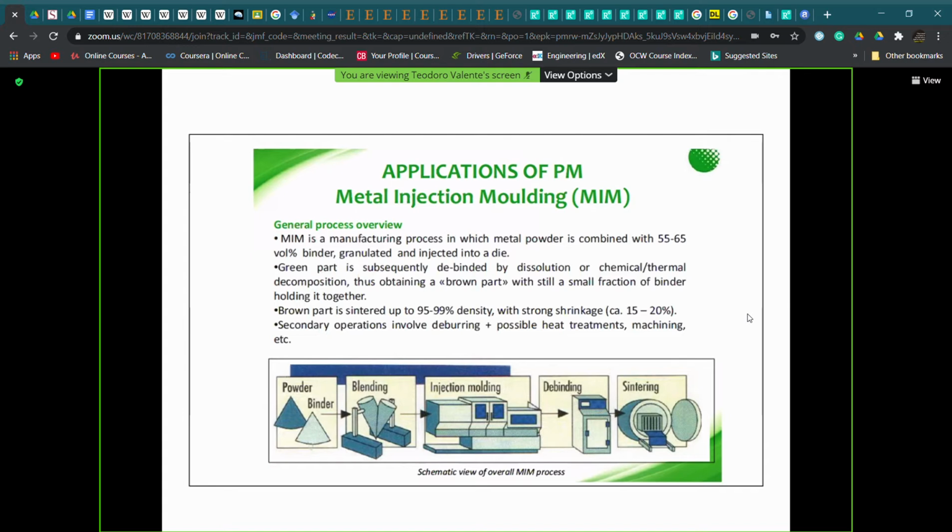This is a manufacturing process characterized by the fact that metal powder is combined with a binder. More or less the amount in volume of the binder is around 50%. This metal powder is then granulated and it is injected into a die.